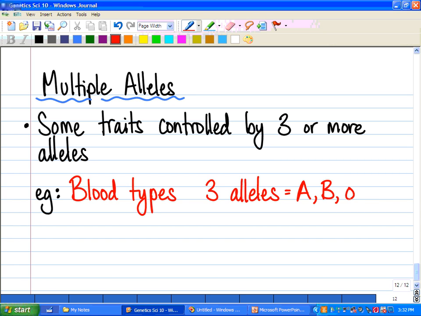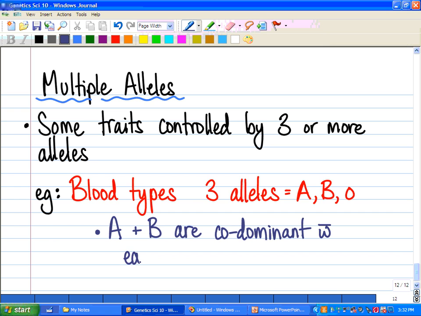Now with those 3 alleles, here's what's kind of cool. There's a bit of an interaction that we need to know. So alleles A and B are codominant with each other.